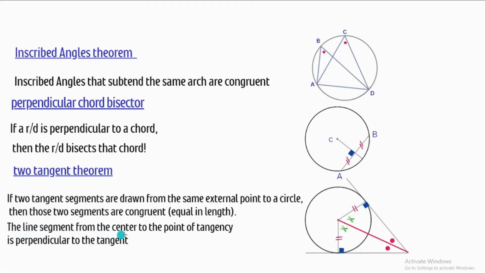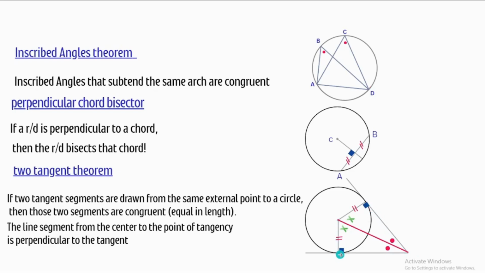The line segment from the center to the point of tangency is perpendicular to the tangent, and this triangle is congruent to this triangle. The two tangents start from one point and touch the circle at 2 points.